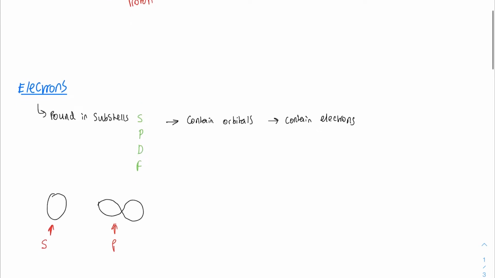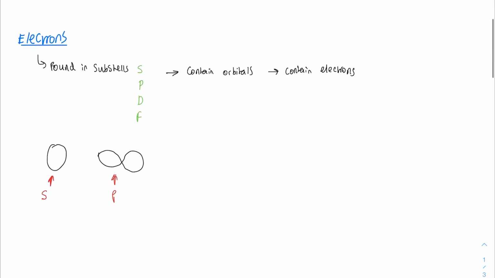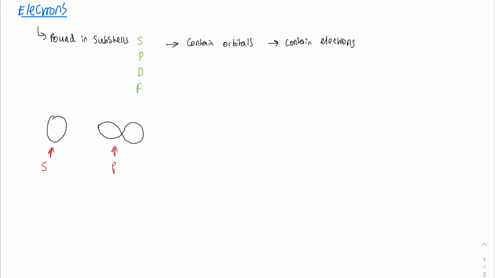Electrons are also arranged in something known as energy levels, for example 1, 2, 3, and 4, with energy level 1 being closest to the nucleus.